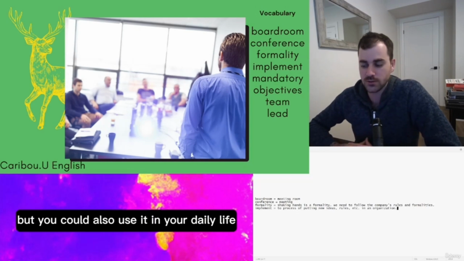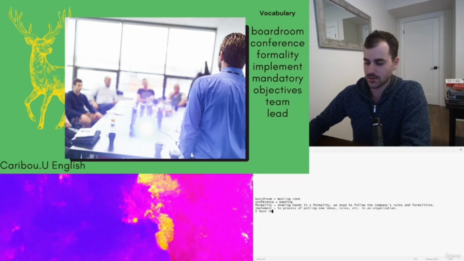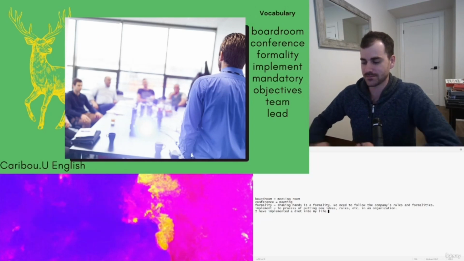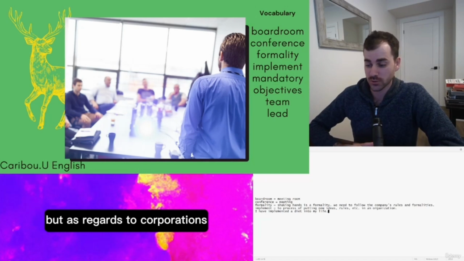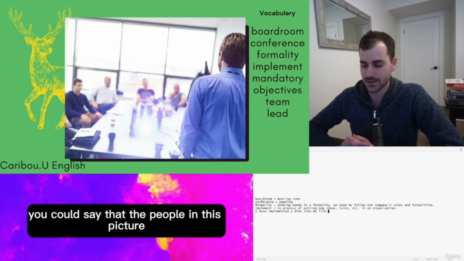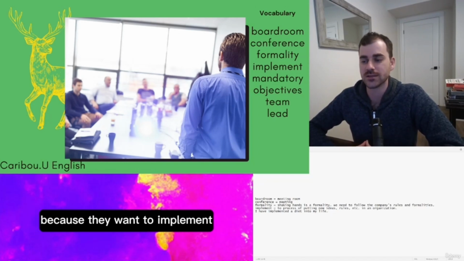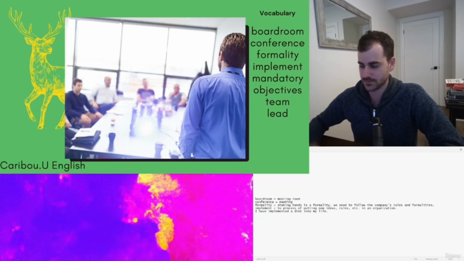But you could also use it in your daily life. You could say, I have implemented a new diet into my life. But as regards to corporations, you could say that the people in this picture are having a conference in the boardroom because they want to implement new rules and formalities.